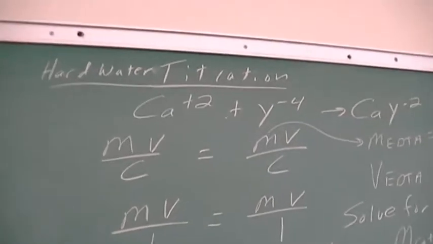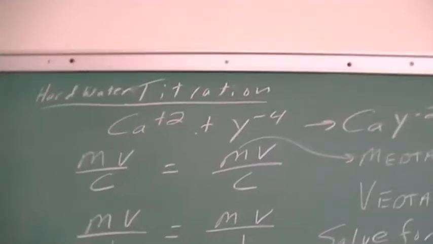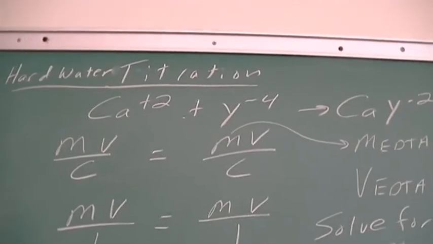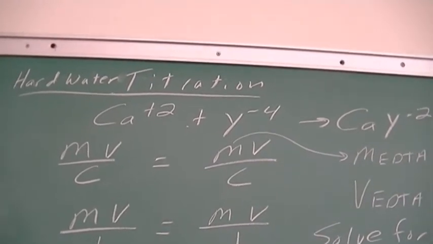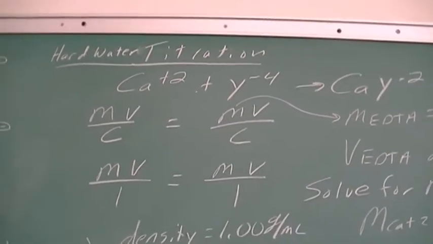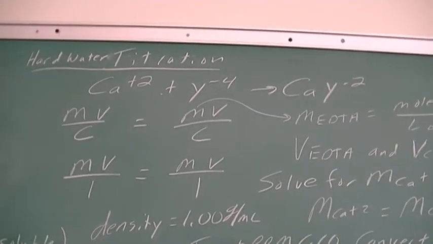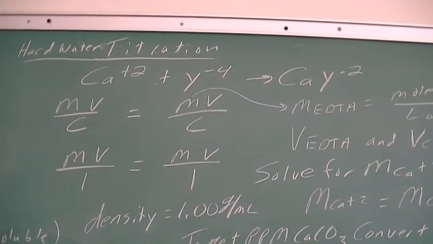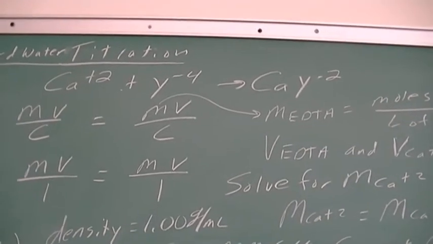All right, so our first titration is going to be the hard water titration. So I'm just going to take tap water from the lab here. And again, we are assuming that all of the hardness is from the calcium, and more specifically calcium carbonate. And so our calcium plus 2 plus our EDTA, which is abbreviated Y minus 4, is going to give us our complex ion, a calcium EDTA minus 2 complex.